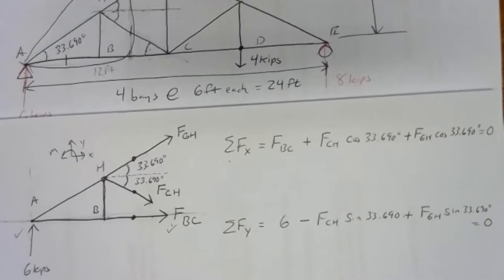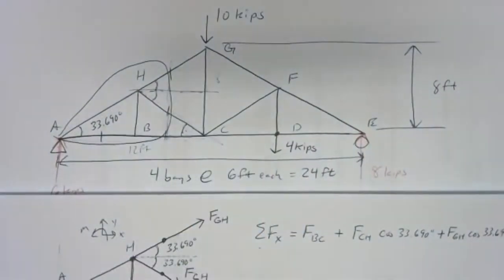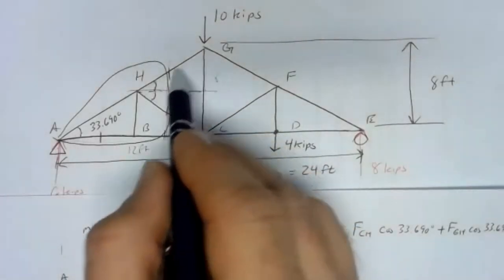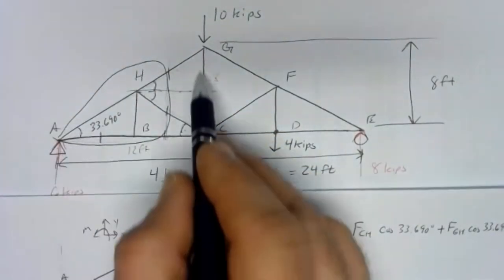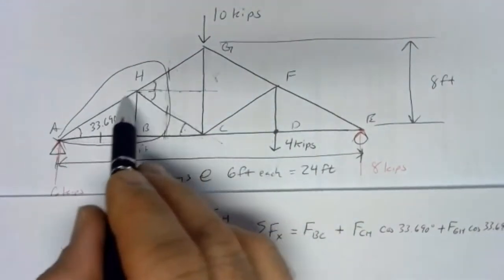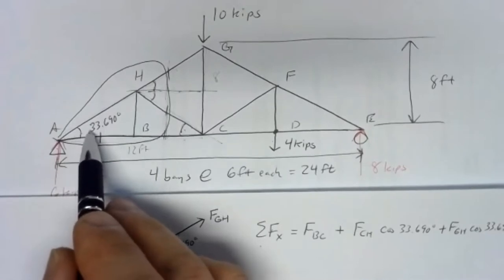However, we can pretty easily figure that out. You have to do a little bit of geometry here, but it's not too bad. One way to argue it is to look at scale. If you look at this big triangle right here, it's 12 feet wide versus 8 feet tall. If we look at the little triangle right here, it's basically the same shape of triangle. It shares the same angle.